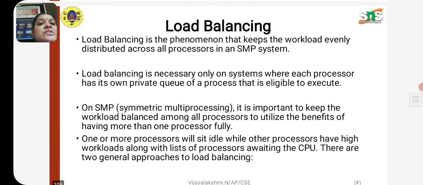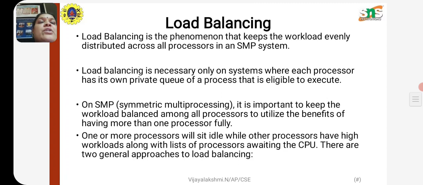And the next topic is called load balancing. We already discussed why we are going for multiprocessor scheduling and what the purpose of load balancing is here. Once we have moved to multiprocessor scheduling, we have to split the load across all the processors.